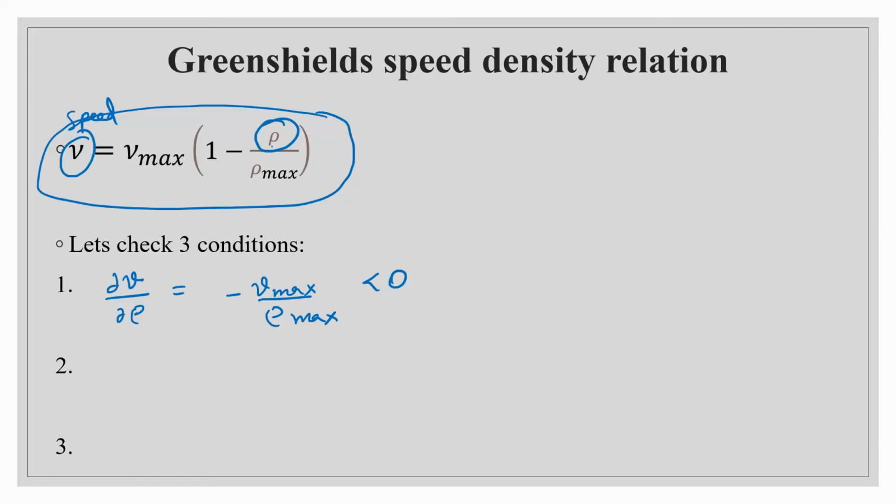You can easily see when I put rho equal to 0, V will be equal to V max. And the third condition was when rho is rho max, our V should be equal to 0. So when rho is equal to rho max, you can see that this will become 1 and it will get cancelled out and our V will become 0, right?